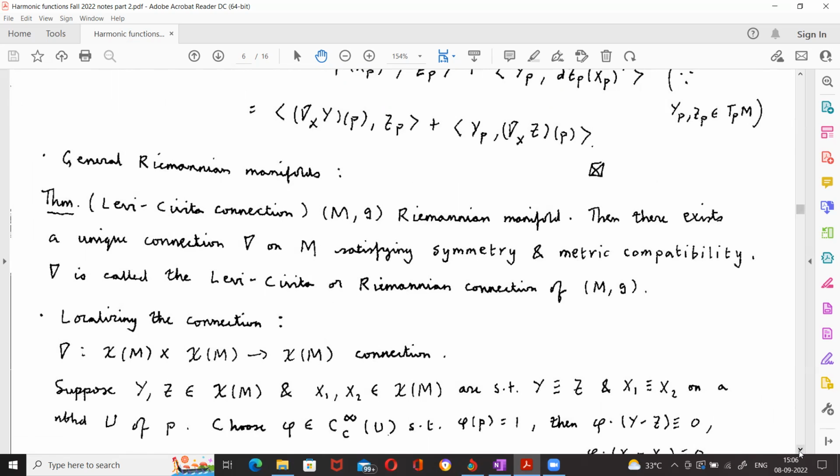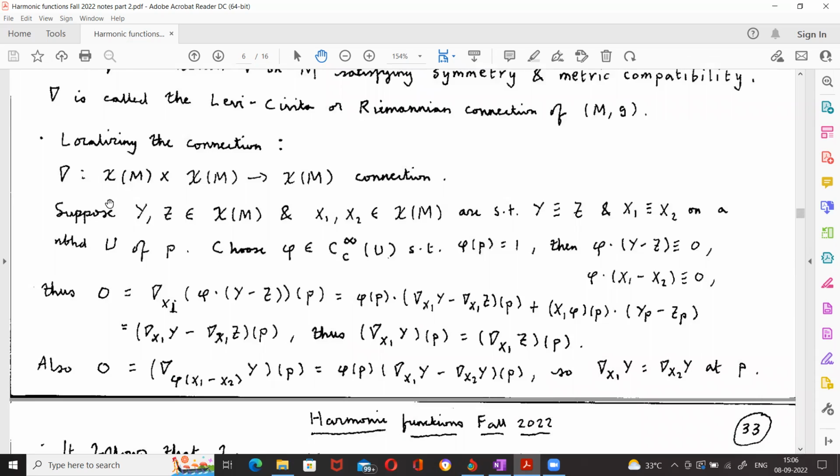Suppose y, z are two vector fields on M, and x1, x2 are two vector fields on M, such that y is equal to z and x1 is equal to x2 on a neighborhood U of P. Then what I want to say is that nabla x1 of y is equal to nabla x2 of z at P. So if I change y to another vector field z, which is equal to y in a neighborhood of P, and if I change x1 to x2, which is equal to x1 in a neighborhood of P, then my connection does not change at P. Is it clear?